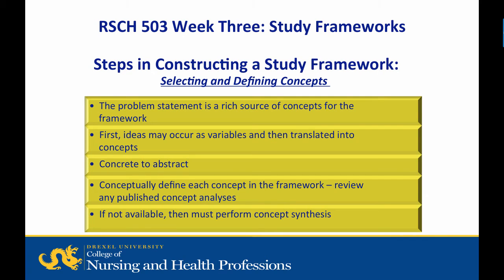The first step was selecting and defining concepts to be studied in a research program. Starting with the problem statement, the investigator may identify concepts of interest in a particular population that can be studied as research variables. Once concepts are clearly identified, the investigator must succinctly define them, both conceptually and operationally.